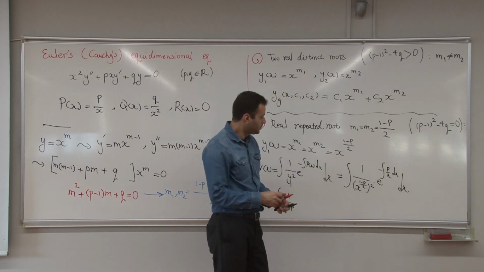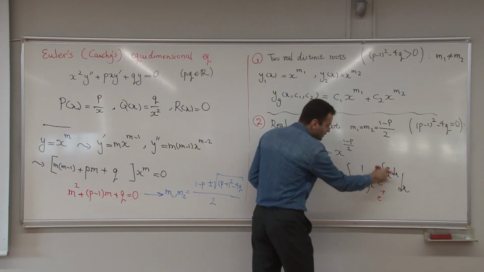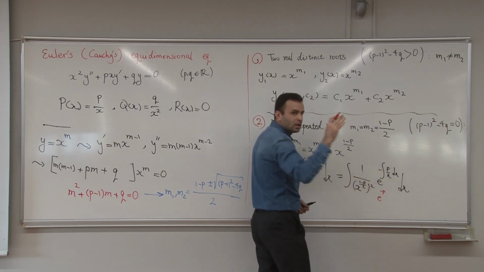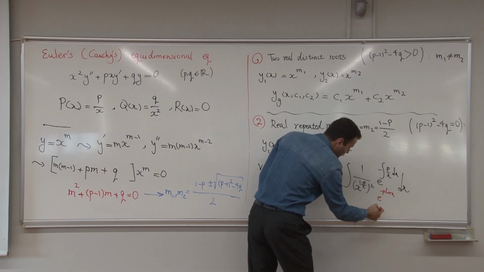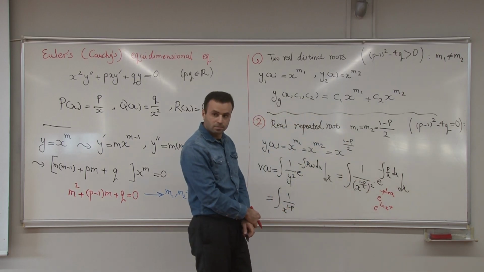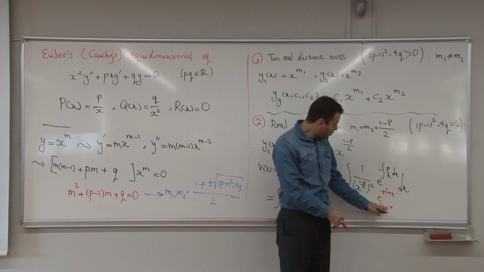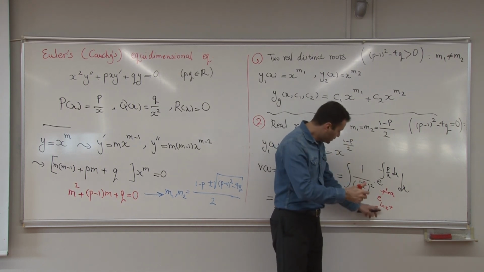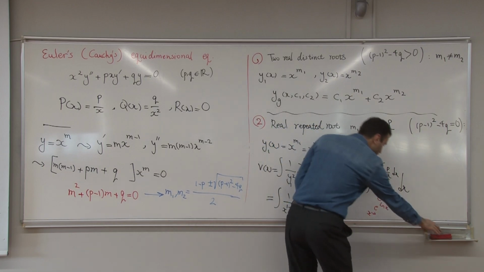The p is a constant. It will go outside. So this is going to be e to the power of minus p times the integral of 1 over x, which is ln of x. And can I write this as e to the power of ln of x to the power of minus p? Yes, and since exponentials and logarithms are inverse functions, this is going to be equal to x to the power of minus p. Okay?